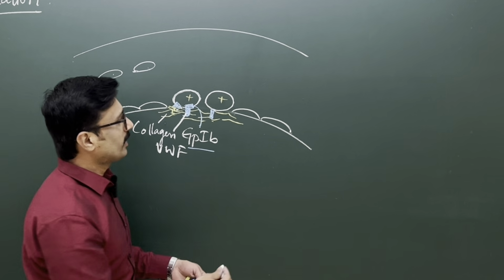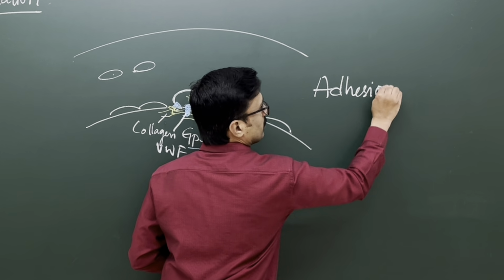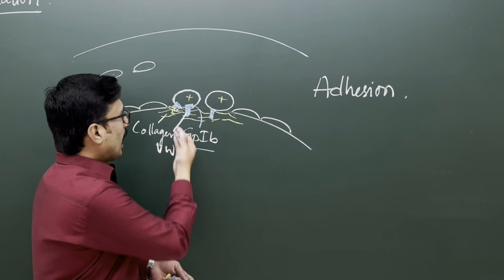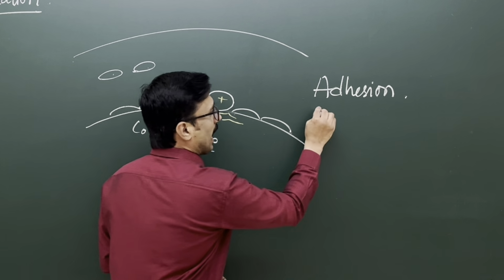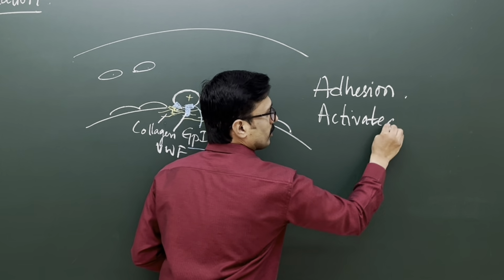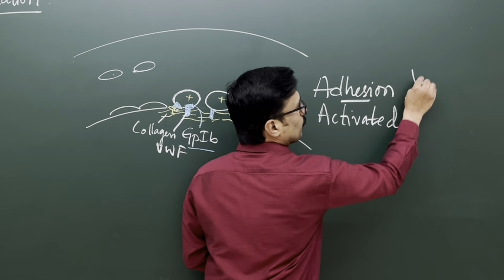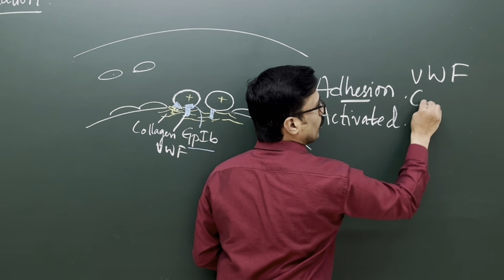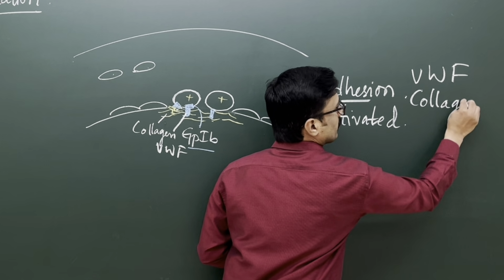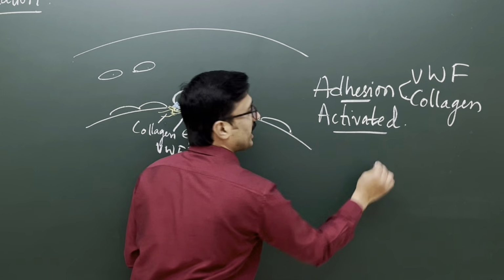The binding we call adhesion, and adhered platelets will get activated. Adhesion is because of binding of platelets to von Willebrand factor and collagen.